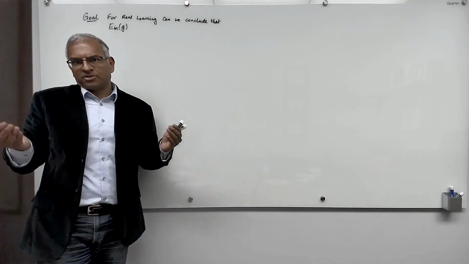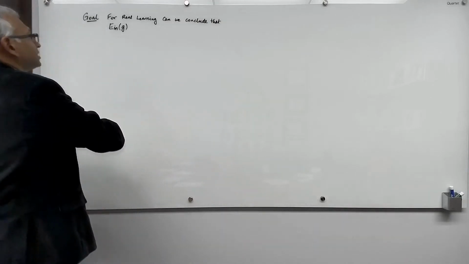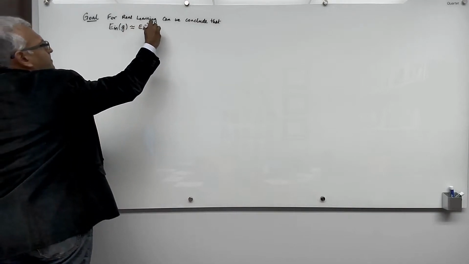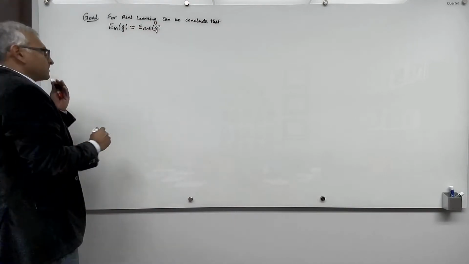So you have your hypothesis set and you use the data to pick g. Can we conclude that E_in of g is approximately equal to E_out of g, with high probability?